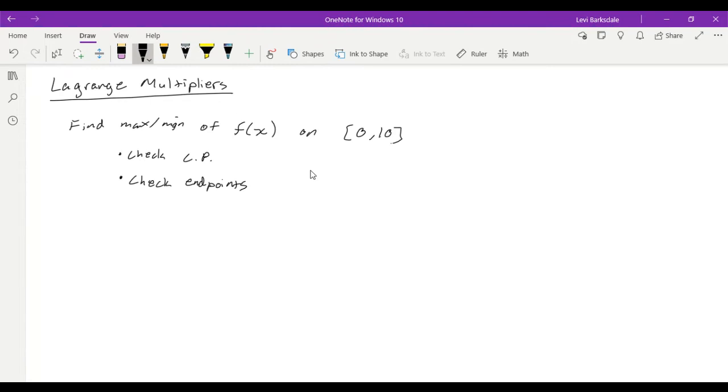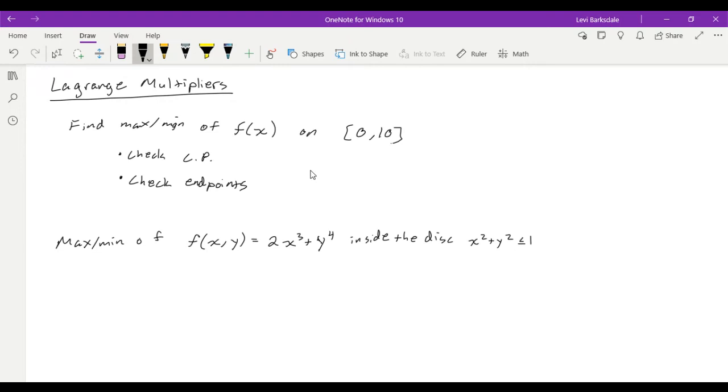For example, we could say, what's the max or the min of a two-dimensional function f of x and y is equal to 2x cubed plus y to the fourth on or inside the disk x squared plus y squared is less than or equal to 1.